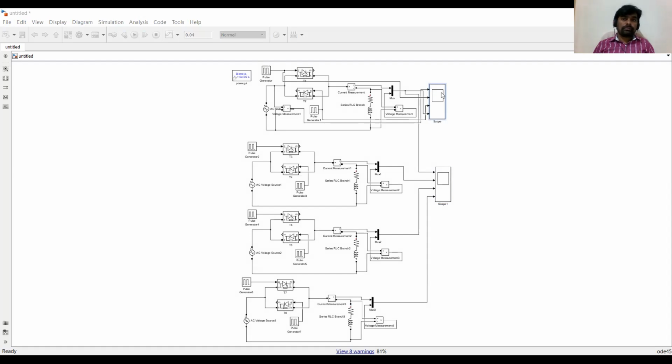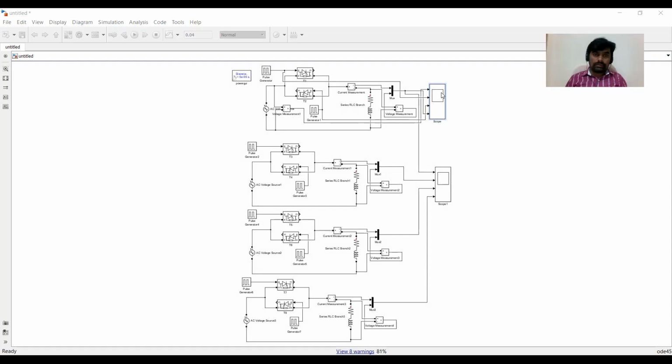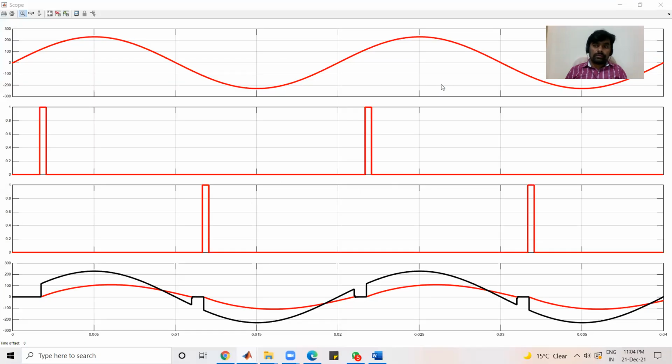where you can see here, right? Now this is the waveform at alpha equal to 30 degrees. And at alpha equal 30 degrees, T1 is triggered.